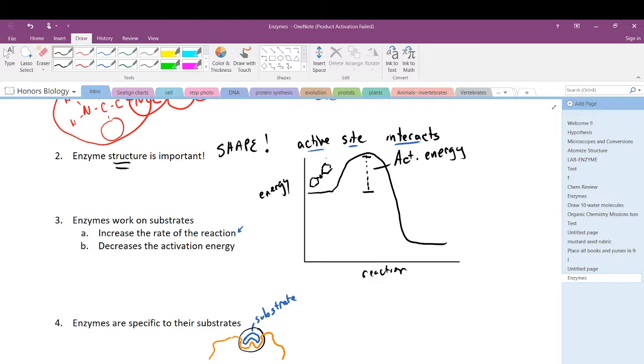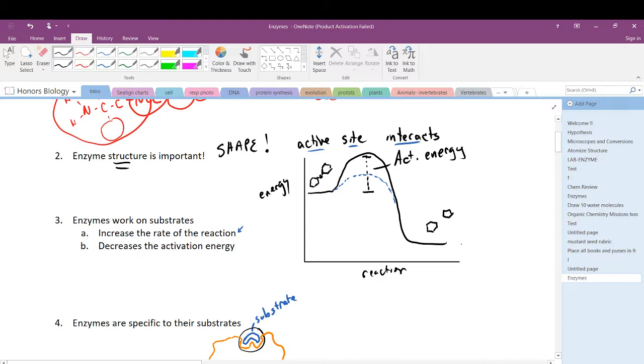We've given it energy. Now, if you were to lower the activation energy, enough molecules might have that energy to get over to the other side. Let's say the products in this case are two monosaccharides, so I'm breaking them apart. Well, this doesn't usually happen.